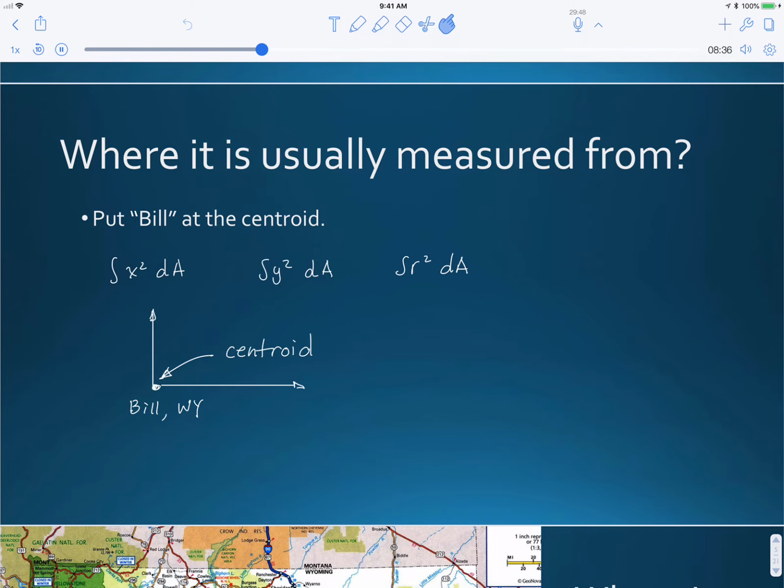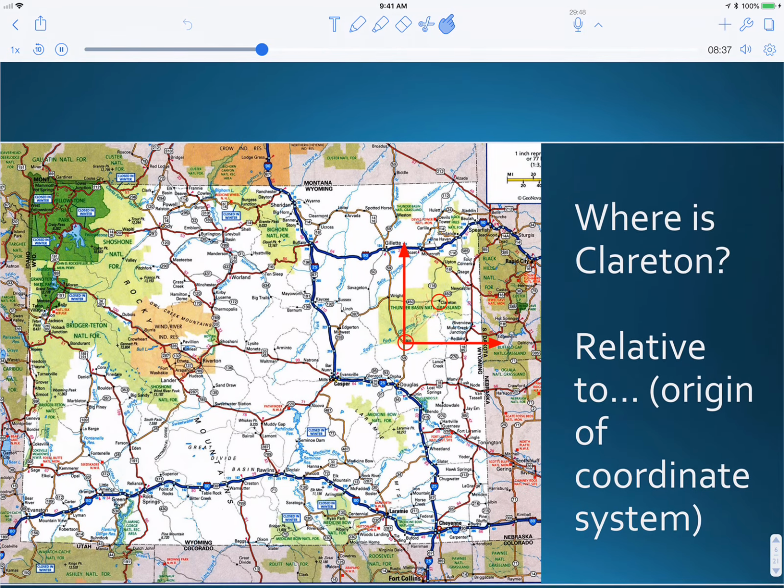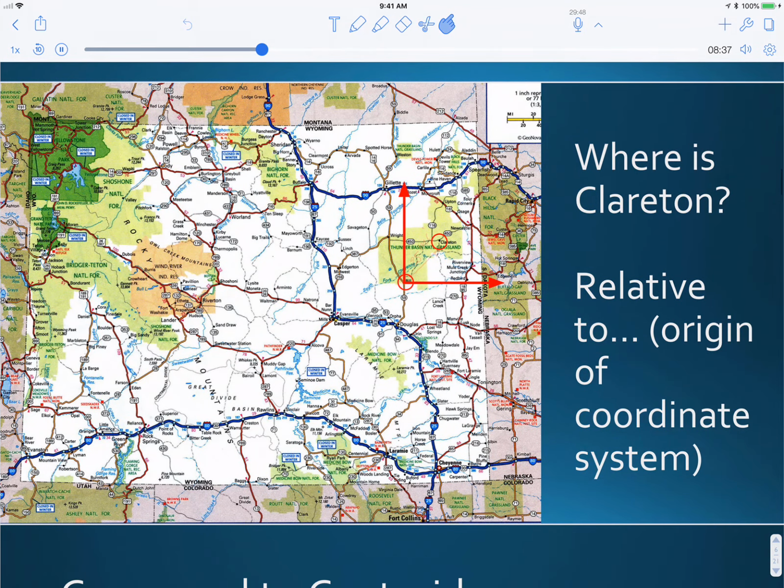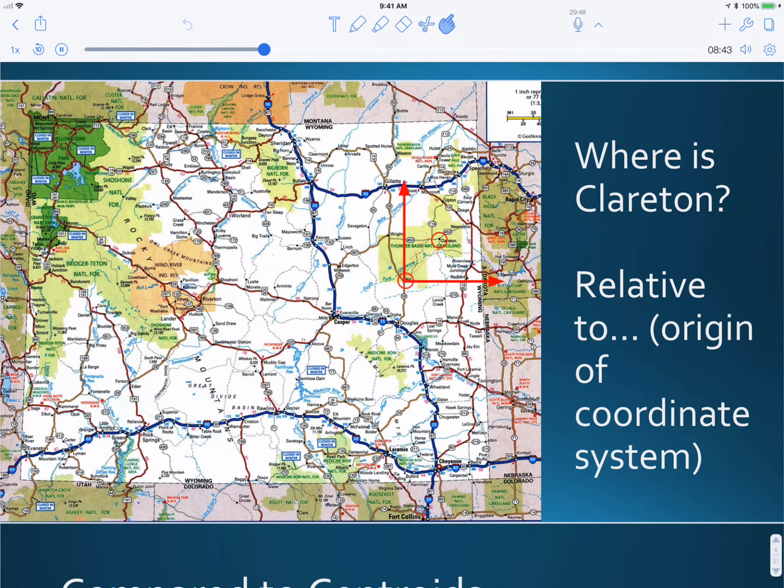For those of you who are just joining us, I've been making a joke that the coordinate system is measured from Bill, Wyoming, which is a town in Wyoming with a population of 2, Bill and his wife, because one of my students said, I live 25 miles northeast of Bill, and I knew what he was saying because I knew where Bill was. The fact that this student had to use Bill as a point of reference or the origin said how small of a town he was from.